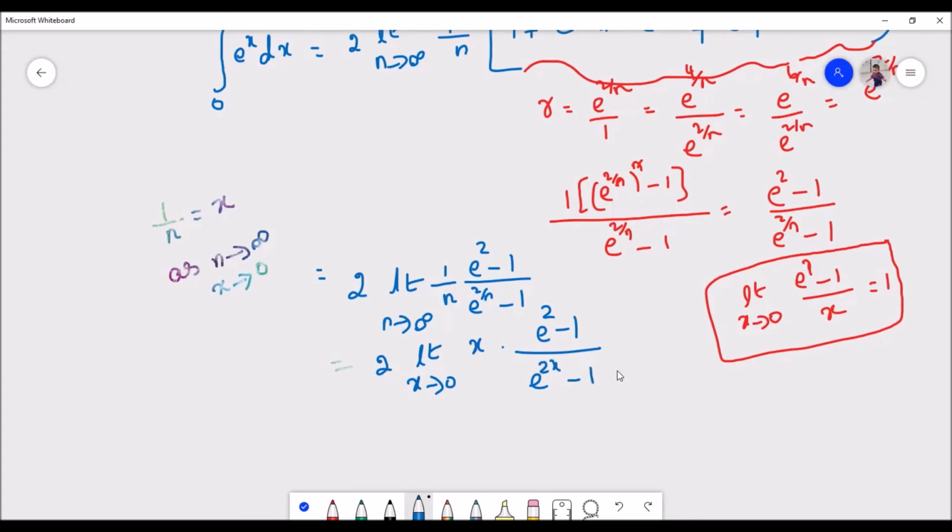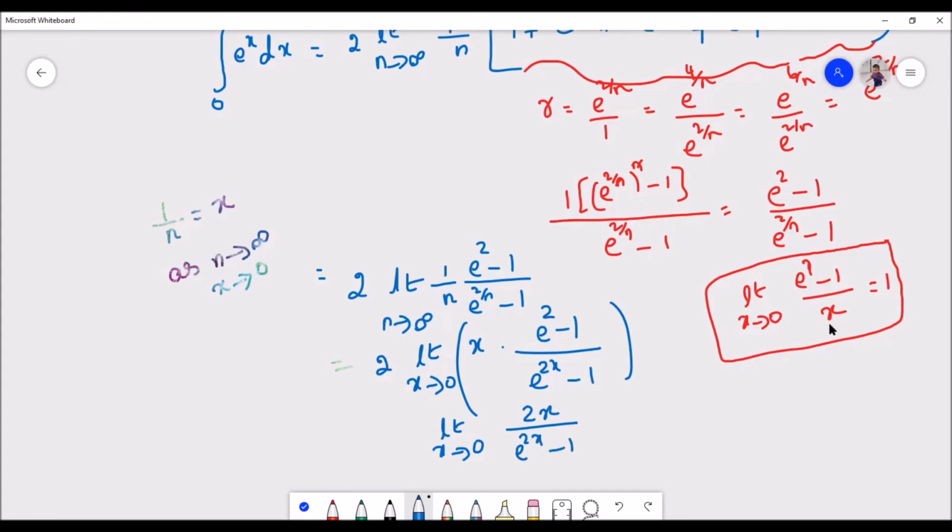Now I will write 2 times the limit as x tends to 0 of, and these 2 I can take inside to use the formula. So the limit as x tends to 0 of 2x divided by e power 2x minus 1.